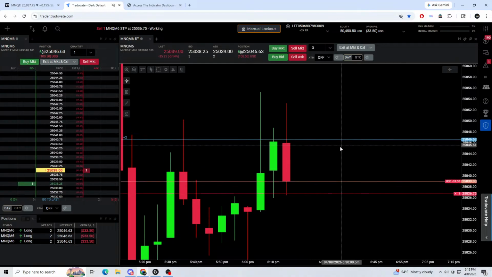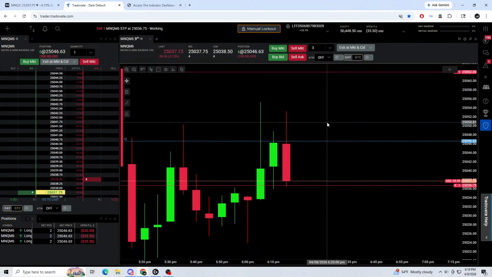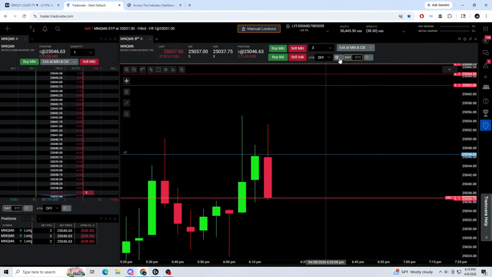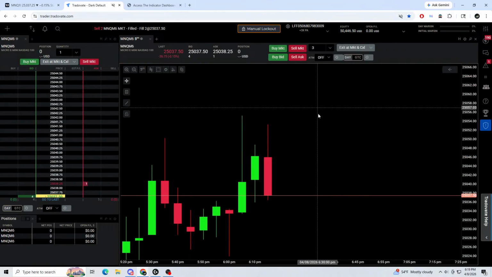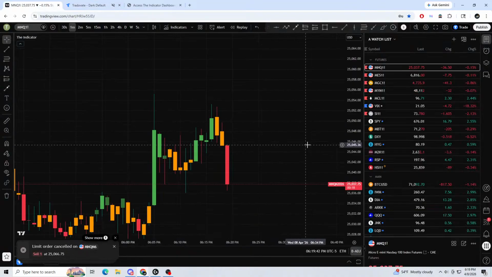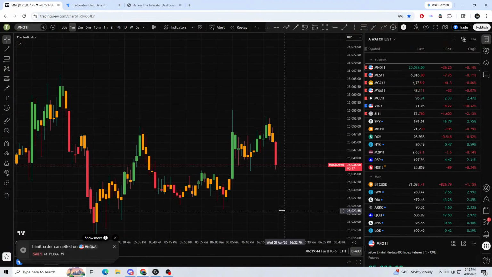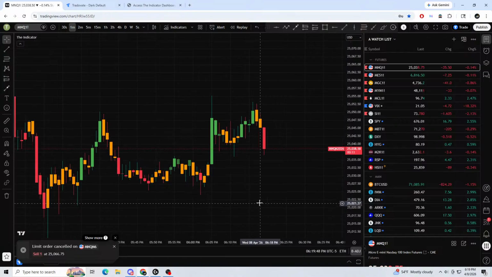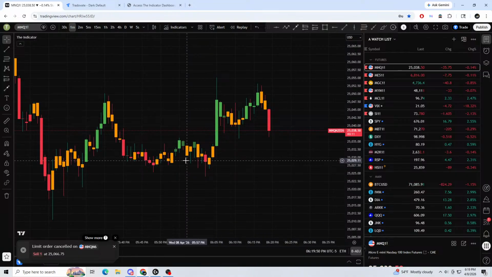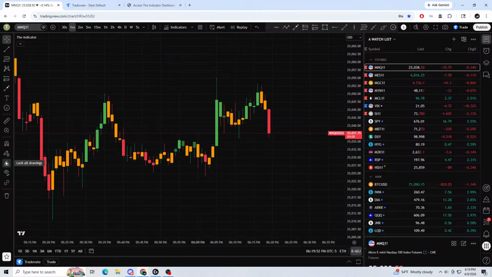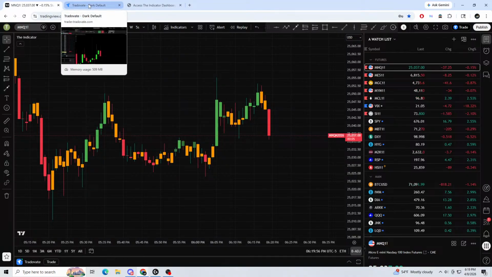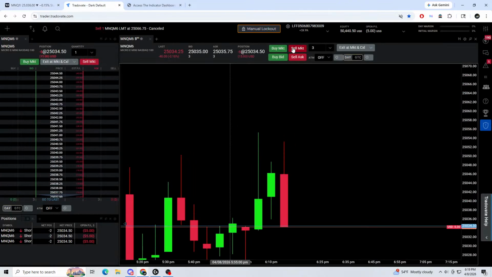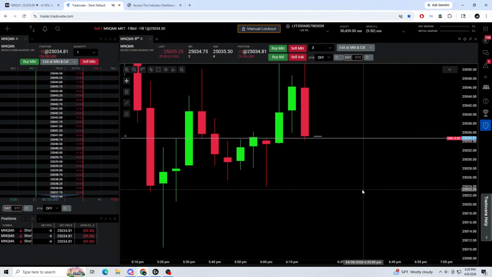Man, this is pretty challenging price action, to be honest. Well, we're down $60 now. This is pretty weak. This is some pretty weak price action.